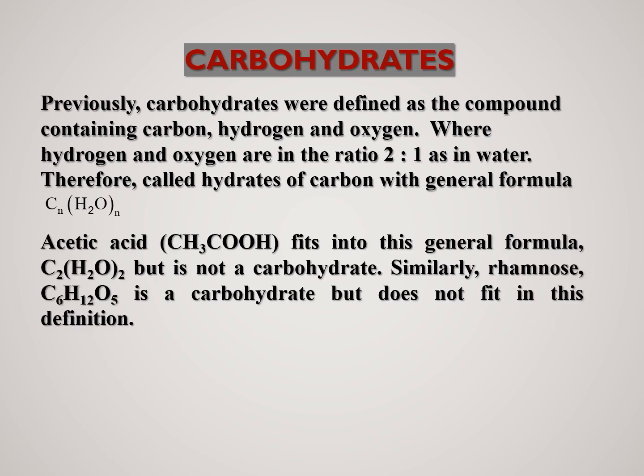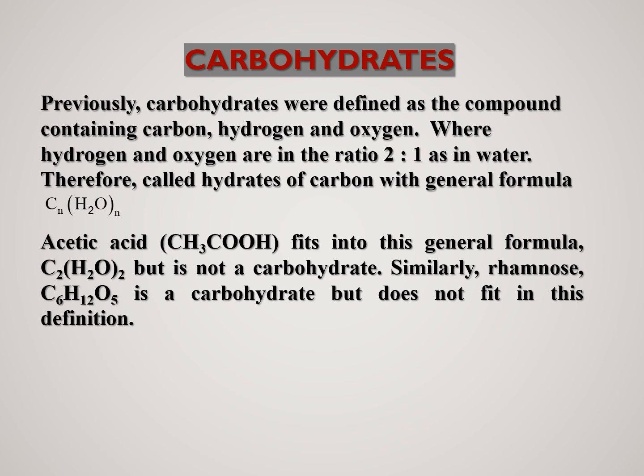But there were some exceptions. Let us take them one by one. Acetic acid is one major exception. Acetic acid has the formula CH3COOH, containing 2 carbon atoms, 4 hydrogen atoms and 2 oxygen atoms.